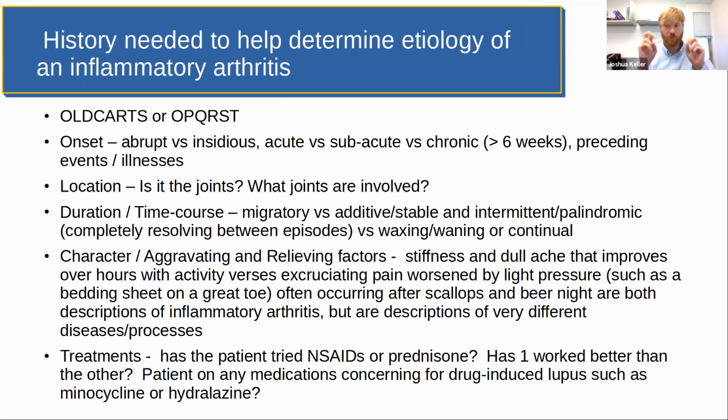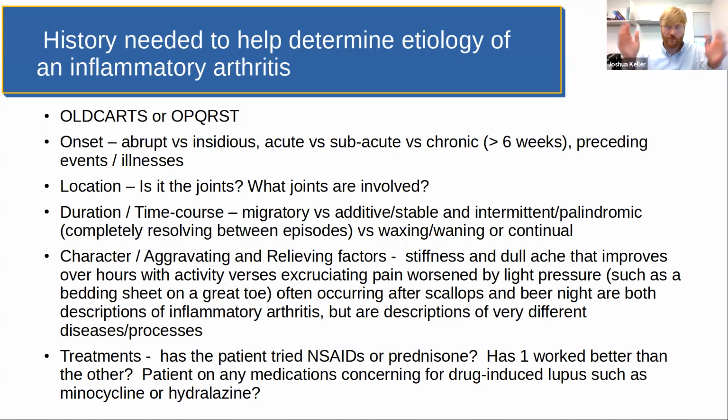Now, the time course. It's really important to note, did the symptoms completely go away in between episodes? If the patient reports episodes or flares, sometimes patients will say, oh, it flared up and then it improved. And delving into it, the patient will say, well, it never really got that much better. It was maybe 40, 50% better, and then it got bad again. And that is very different than if they say, oh, I got this terrible arthritis, and then after a week it just went away.